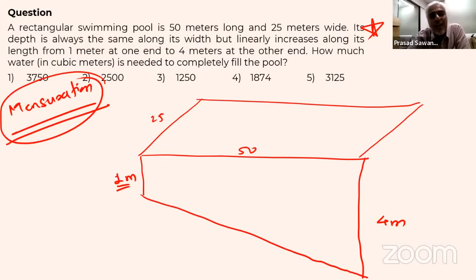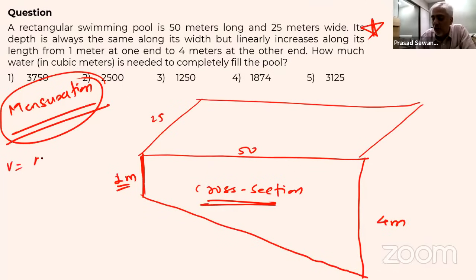But here, because the height is different every time, I will consider this as my cross section. So the volume will be area of cross section multiplied by whatever this 25, which I will consider as the height.